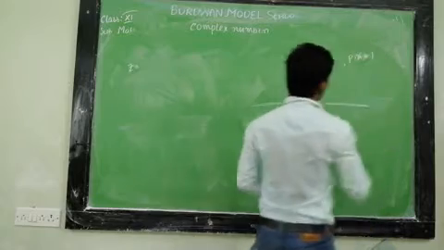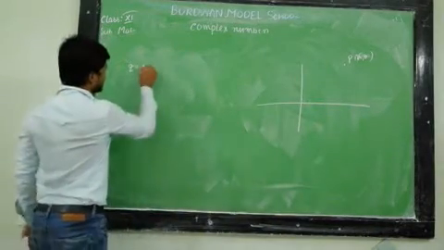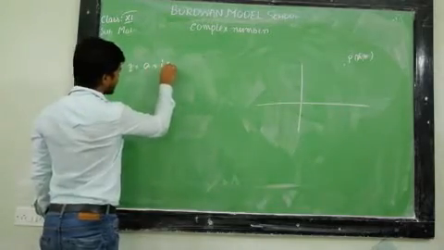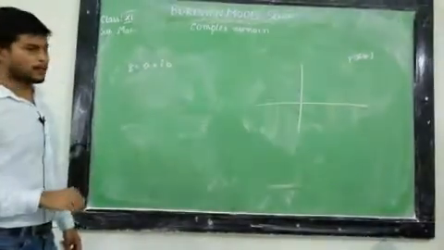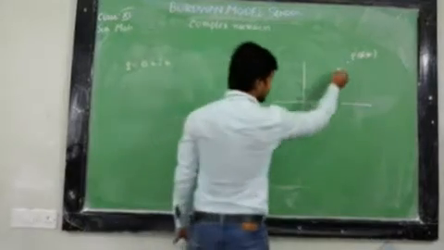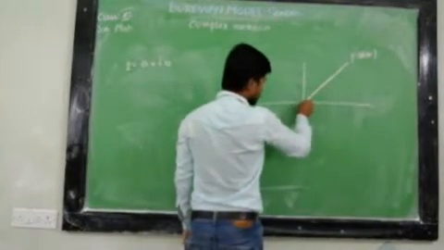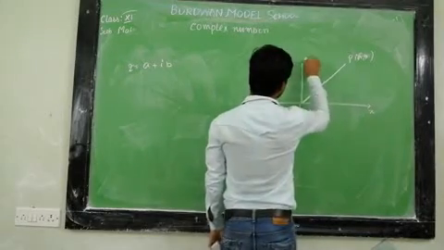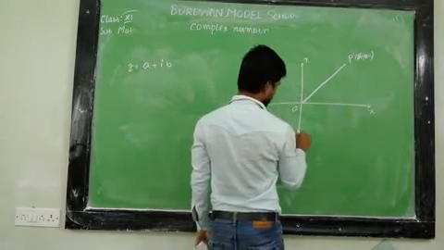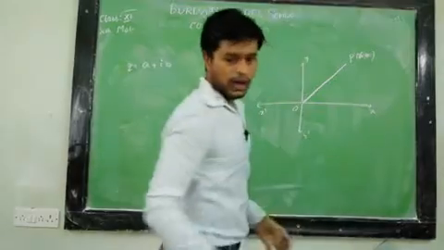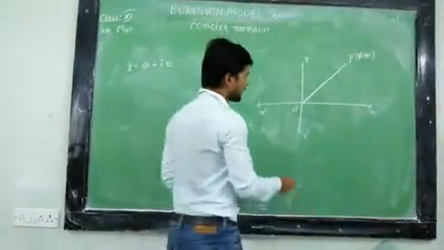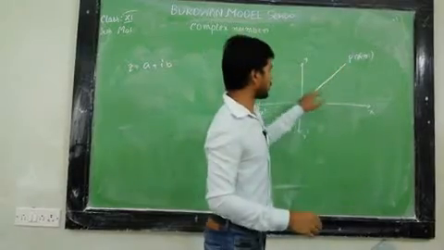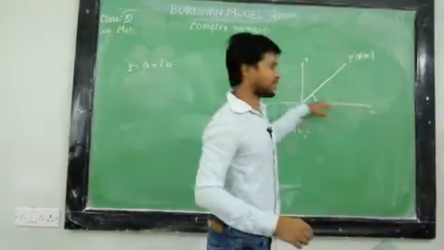Join P to the origin O. So argument means the angle made by the line joining the point and the origin with the x-axis.